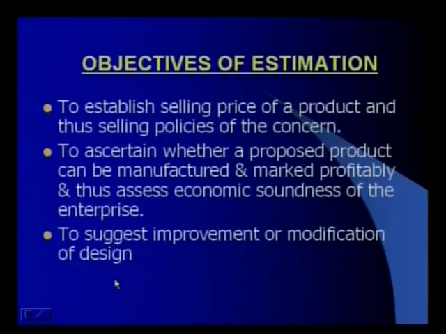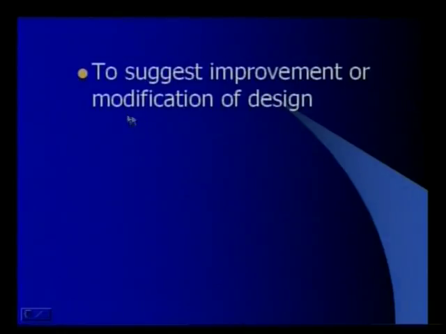The product may already exist in the market, but its sales may not be good. In order to improve sales, how best we can change the design can also be found using estimation.